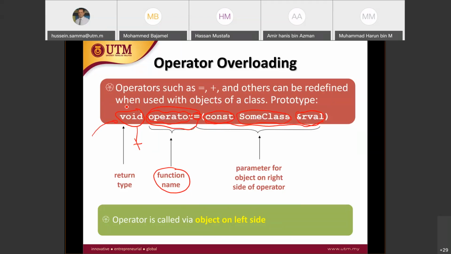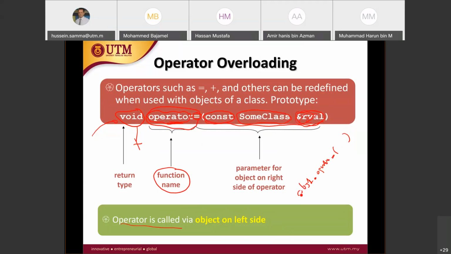Now the operator is called via the object on the left. So this object will call this function. I call object1 dot operator, the same name, equal, then I pass object2.